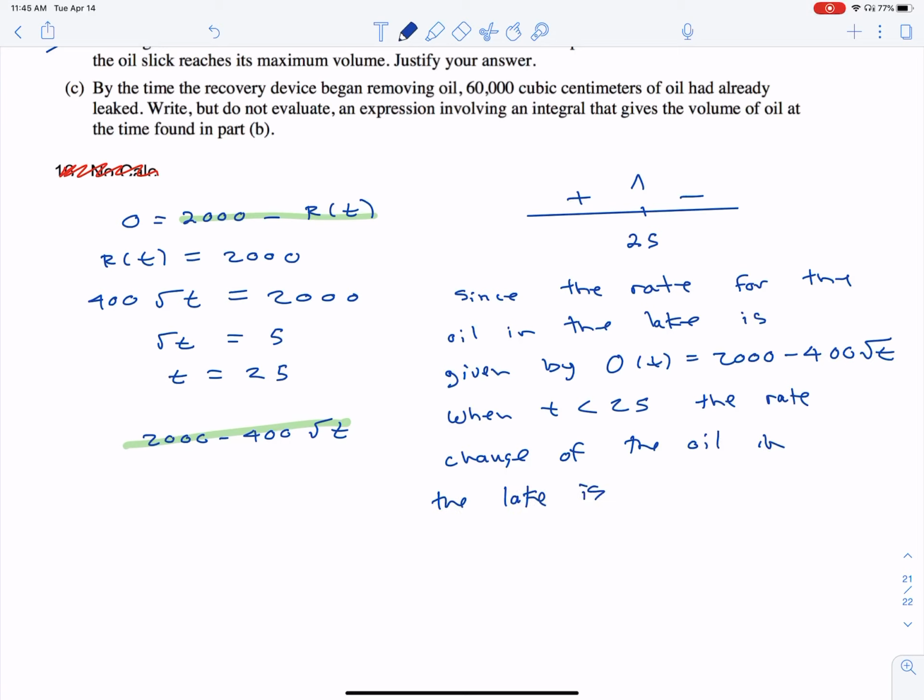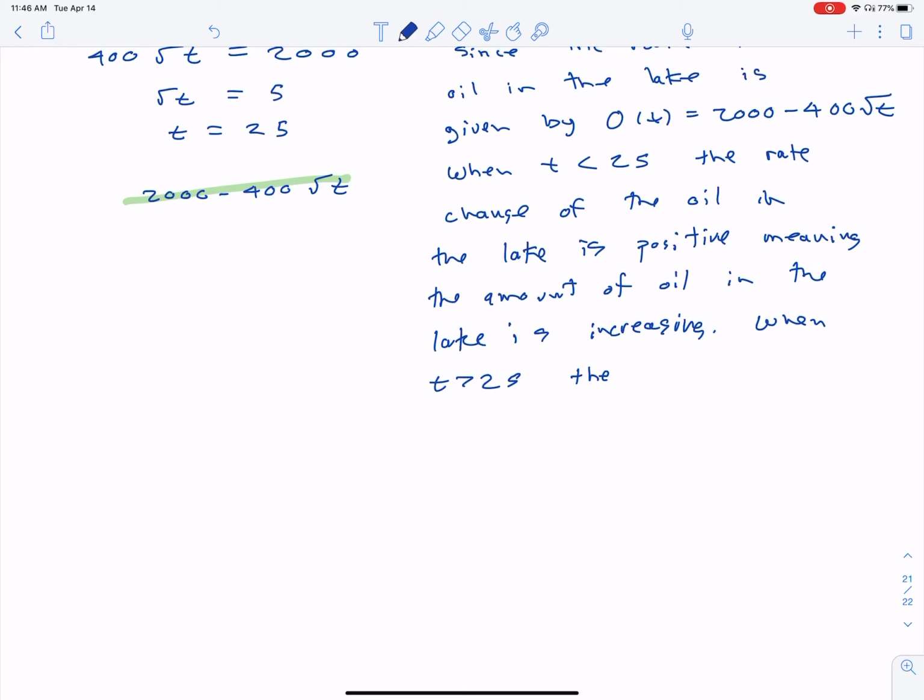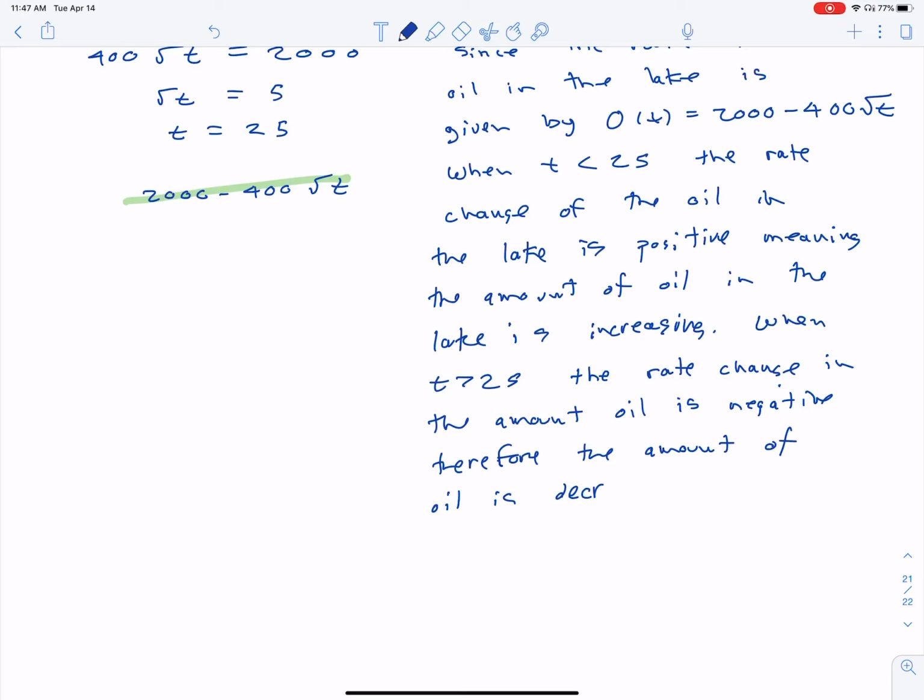When t is greater than 25, the rate of change in the amount of oil is negative. Positive is positive, negative is negative. Therefore, the amount of oil is decreasing.